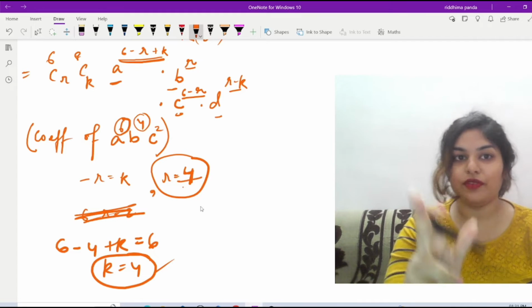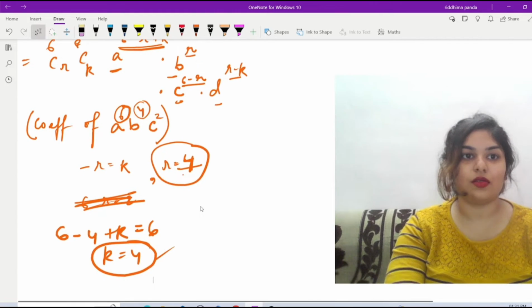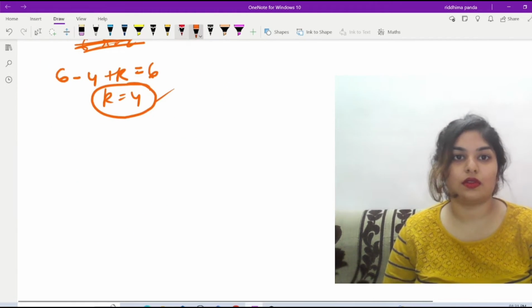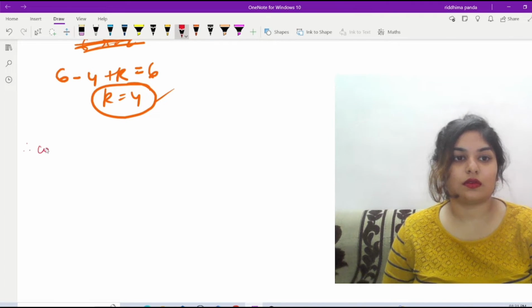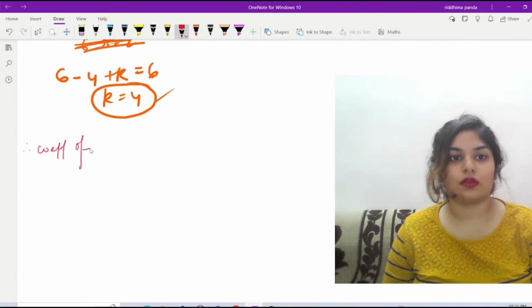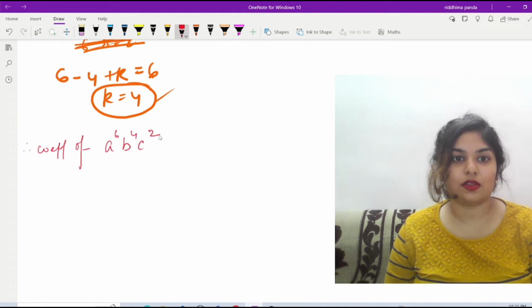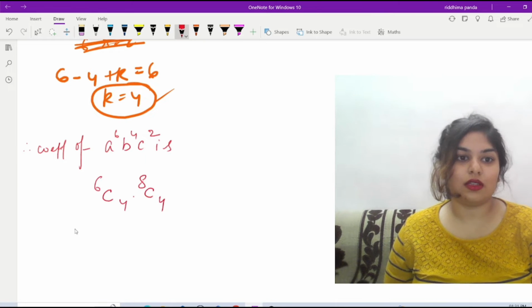Now the coefficient of the product we have is 6CR with R equal to 4, into 8CK with K equal to 4. Now let us solve it.